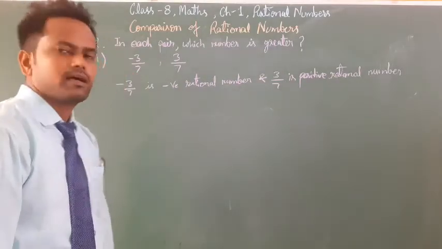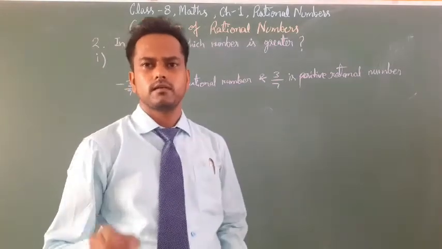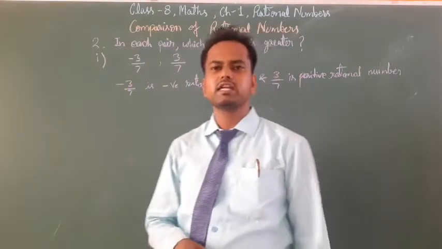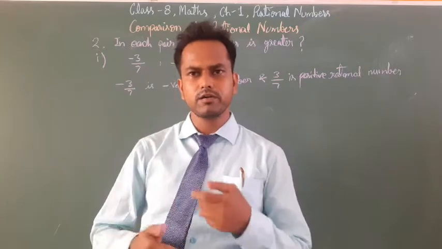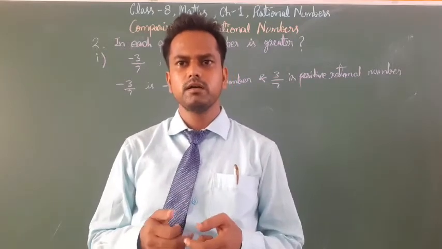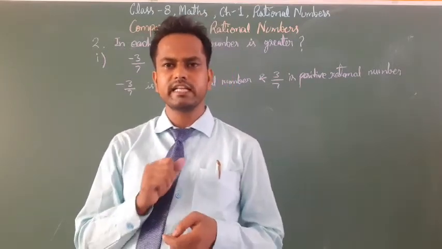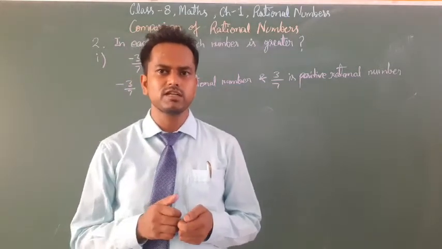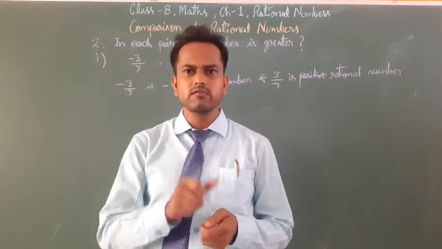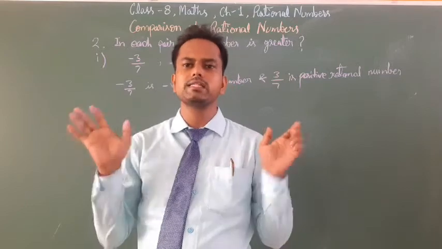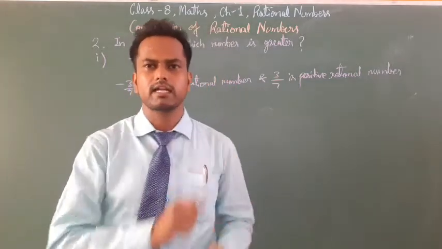And I told you, if we compare two rational numbers in which the first one is a negative rational number and the second one is a positive rational number, then the positive rational number is always greater than the negative rational number.